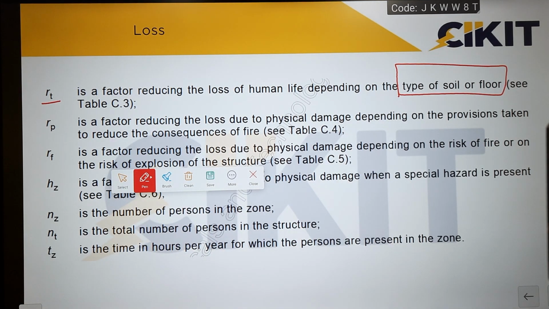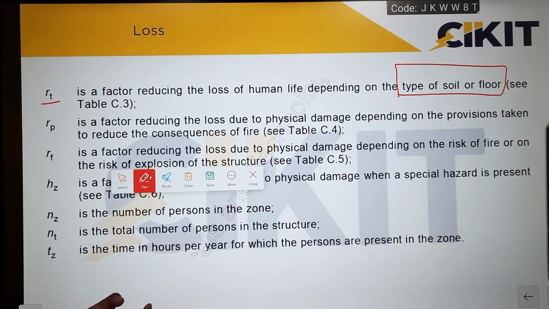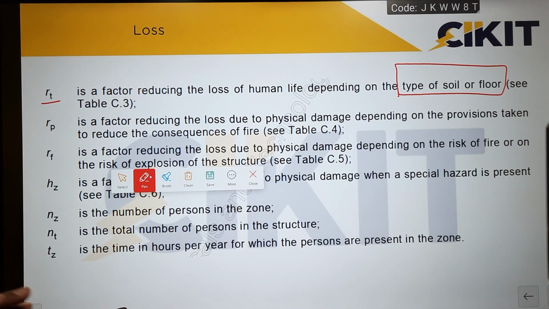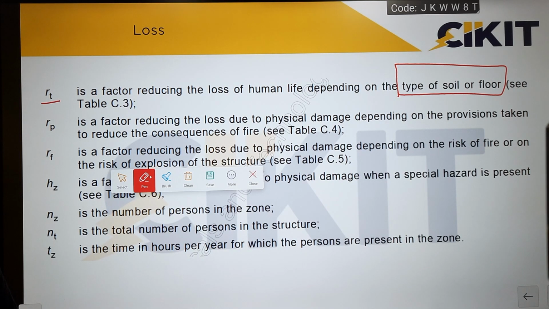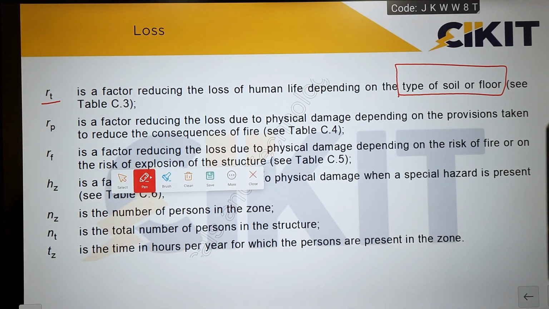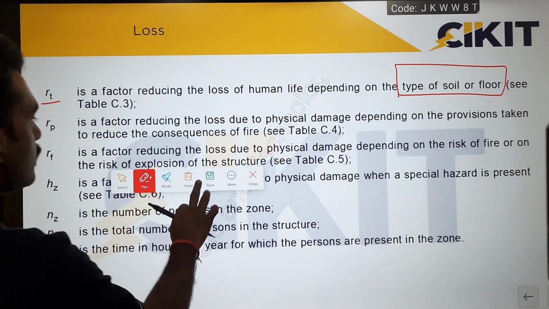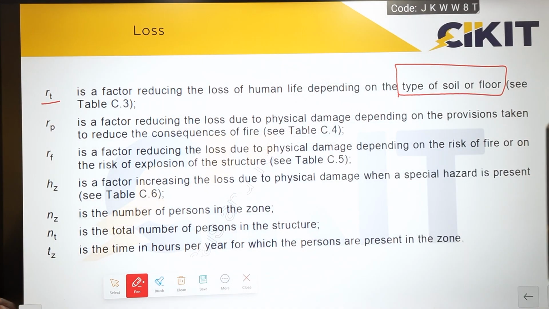If you take a substation as an example, they put a layer of gravel on the surface because they have to increase the surface resistivity so that the ground potential rise won't affect the people standing on the surface. If I am providing a ground flooring with a highly resistive material, then the effect will be much lower. So the RT depends on the type of soil and the flooring materials you are using.